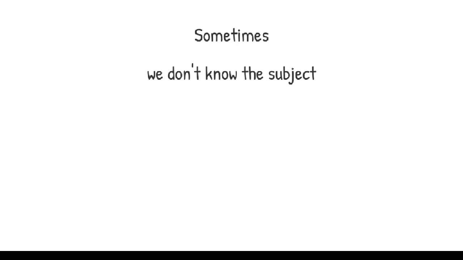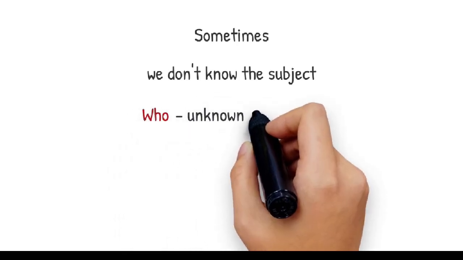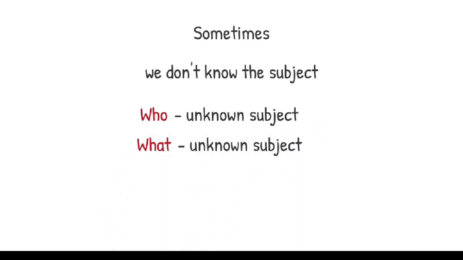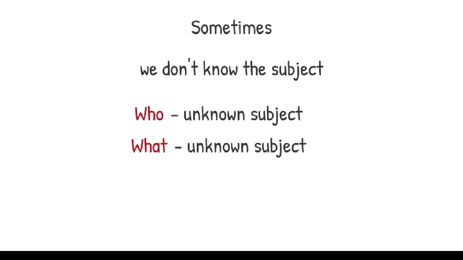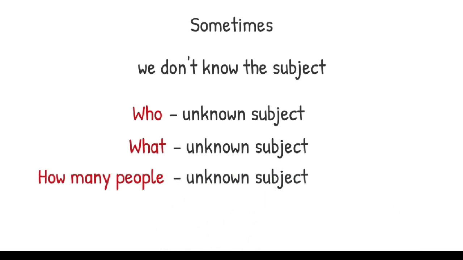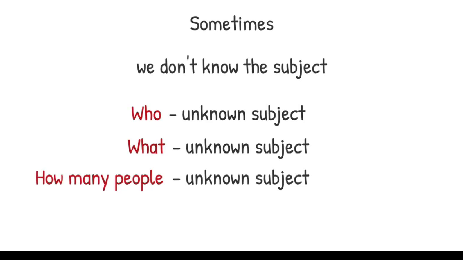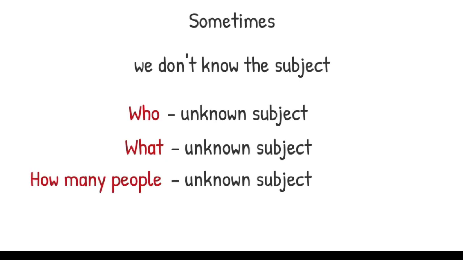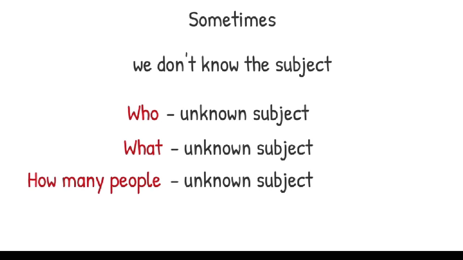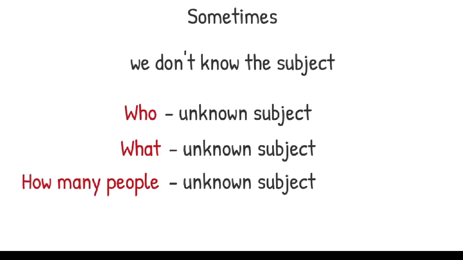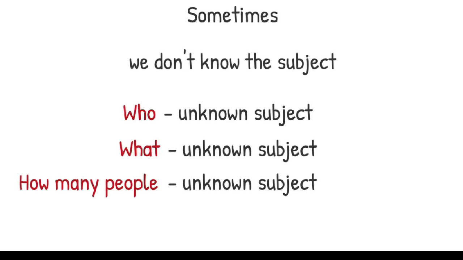But sometimes it happens that the subject in the question is unknown. If the subject is who, it's unknown. If the subject is what, it's unknown. Or if the subject is how many people, it's also unknown. In other words, when the subject is a question word or a question phrase like who, what, how many people, and in lots of other examples, we say that the subject is unknown.